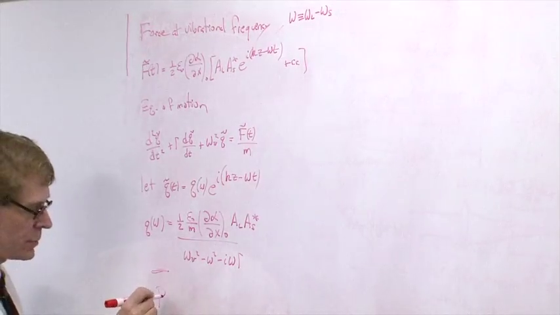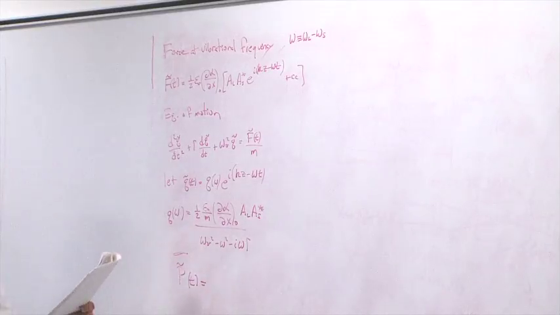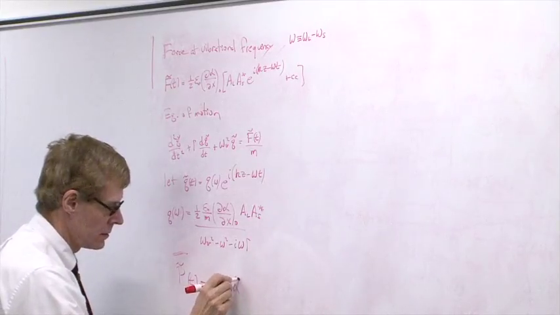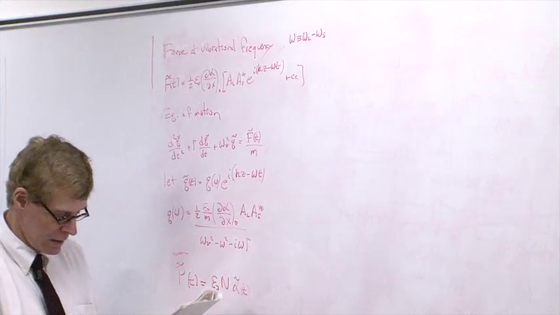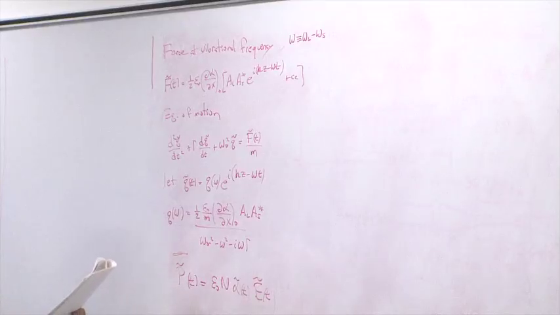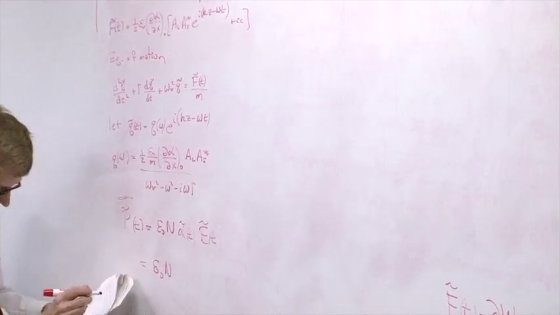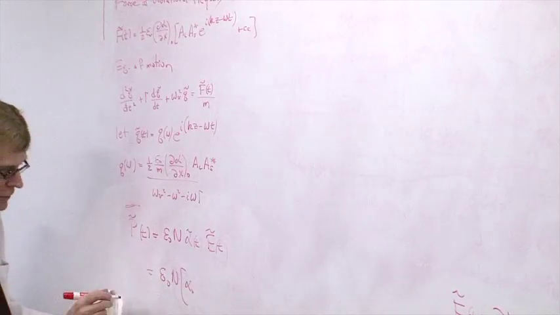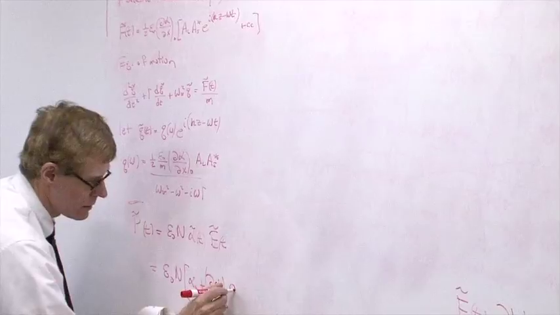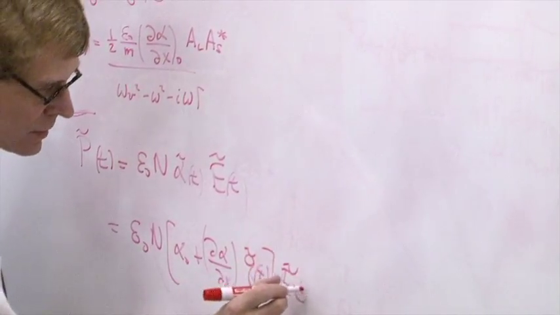So let's let P, this is a little bit subtle, be epsilon 0 times n times alpha of t times E of t, which we can write as epsilon 0 n, alpha 0 plus partial alpha with respect to x at 0 times q of t, times E of t.